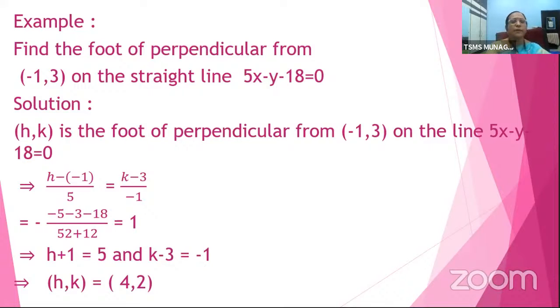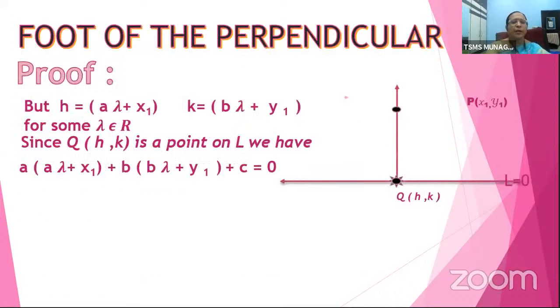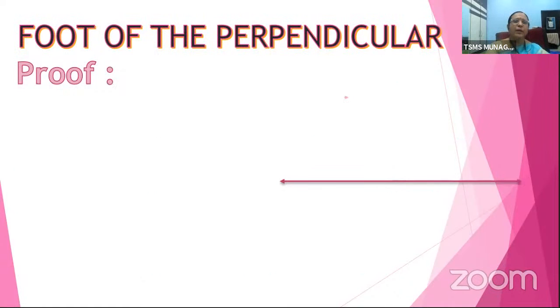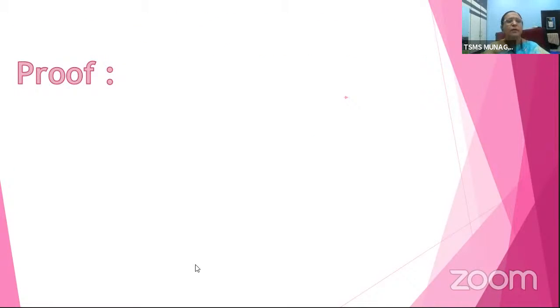So let us once recapitulate the formulae that we have learned today. We have learned about the angle between two lines, which is given by cos theta is equal to a1 a2 plus b1 b2 by root of a square plus b square.